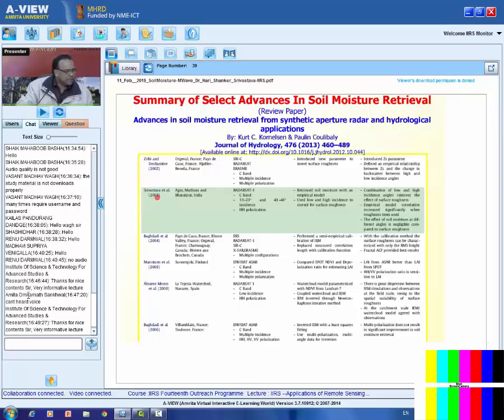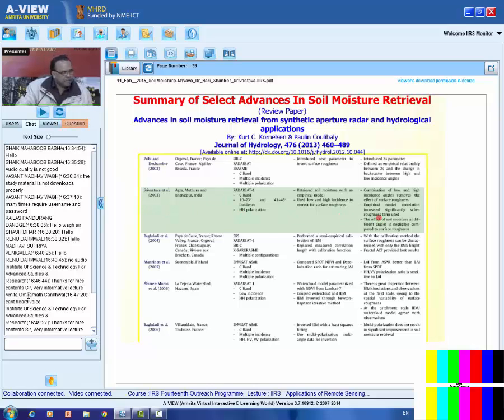Like we see this paper by Srivastava et al. The study area was Agra, Mathura and Bharatpur, India. The data set used was RISAT-1. And here the findings are also mentioned. They have acknowledged the efforts done by the scientists at ISRO.